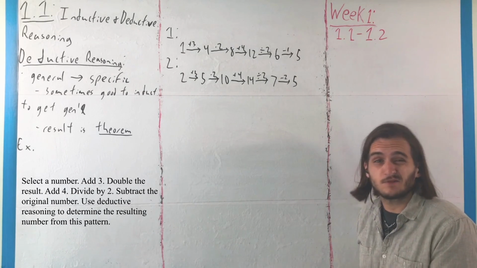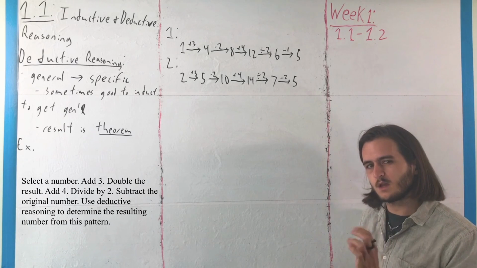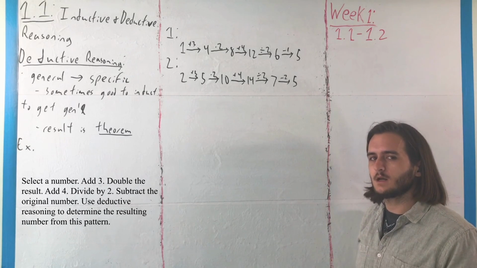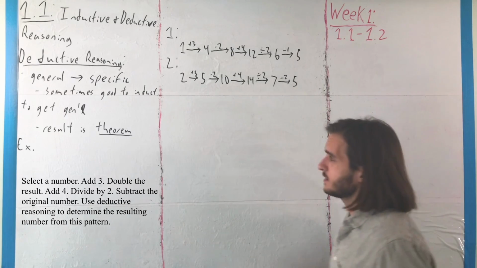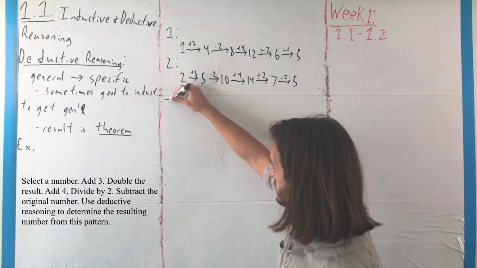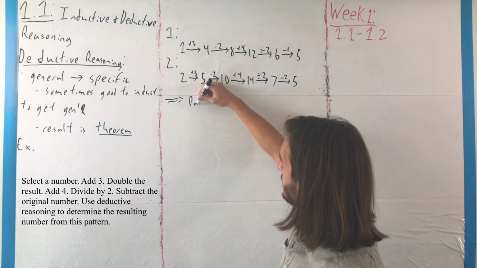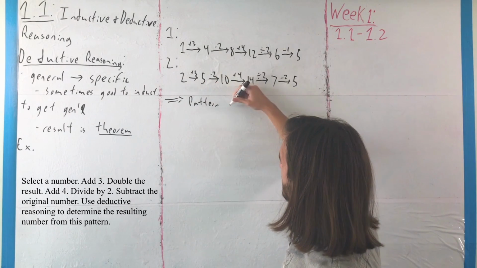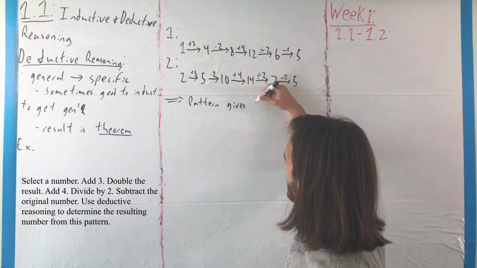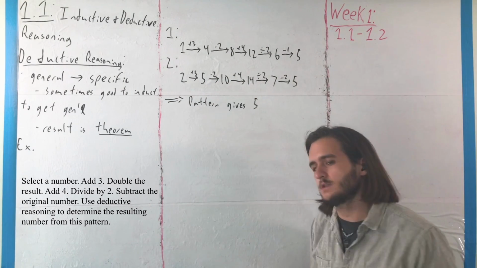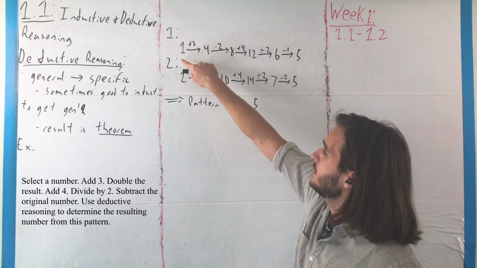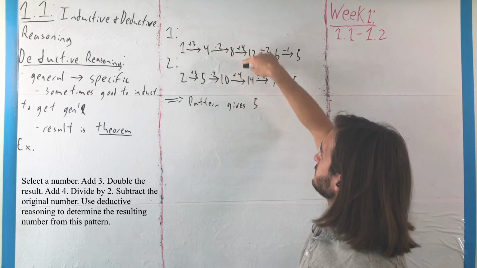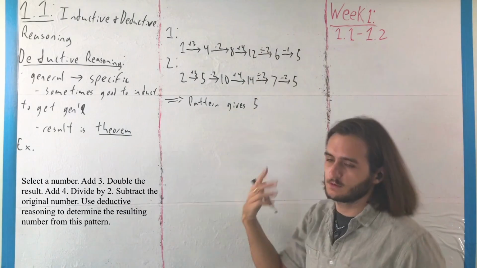And like I said earlier, 2 cases usually isn't enough to really make a good argument, but for the purposes of this video, I'm going to be brief here and say that this tells us that our pattern will give 5 back. I'm going to leave it to you to check this again for numbers like 3 and 4. So you take 3, add 3, multiply by 2, plus 4, divide by 2, subtract 3.